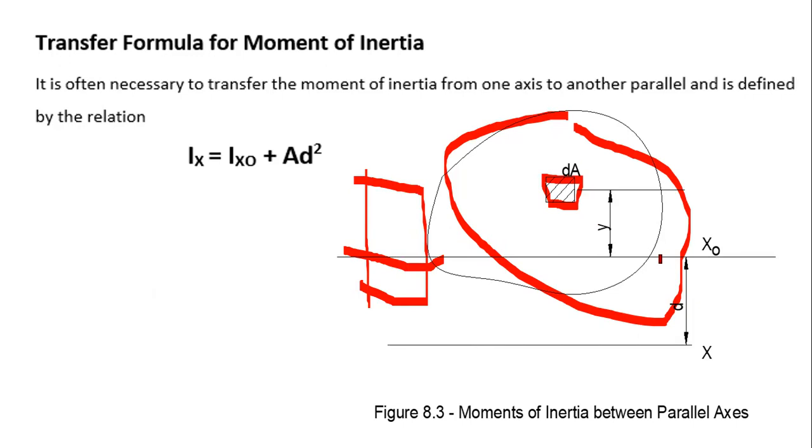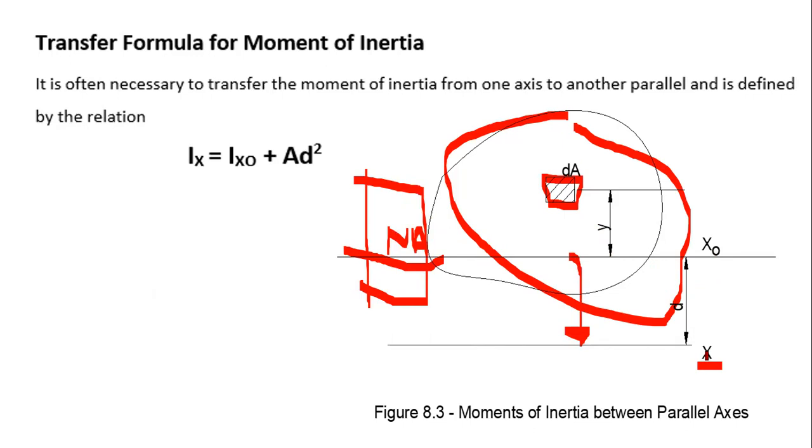The centroid of this area is XO. Now, if I'm going to get the moment of inertia with respect to this X-axis, then I am going to transfer this local neutral axis, the neutral axis of that area, over this axis.